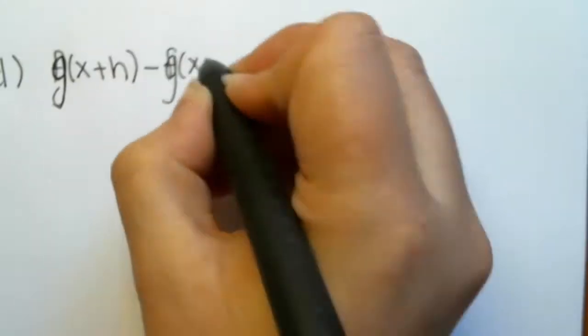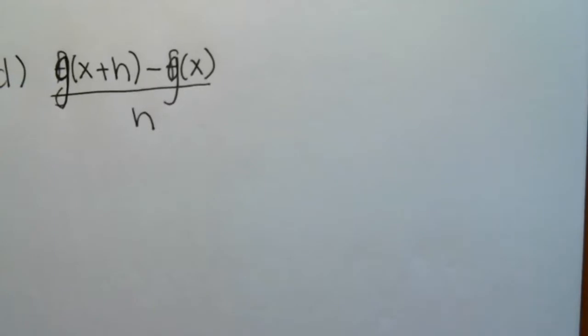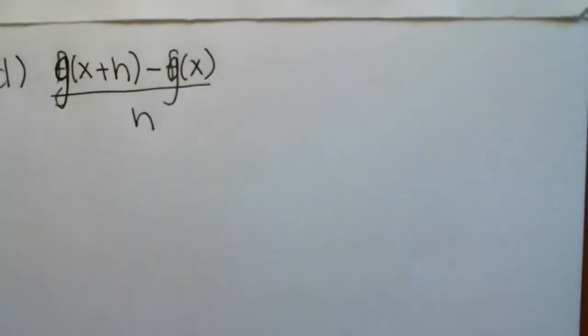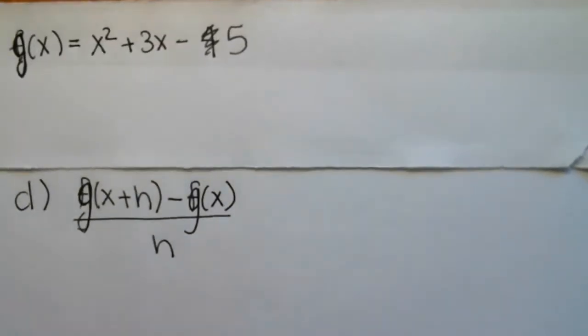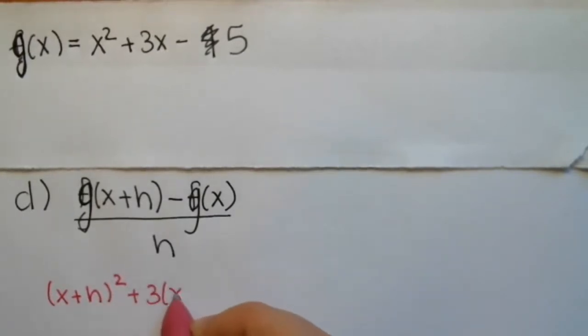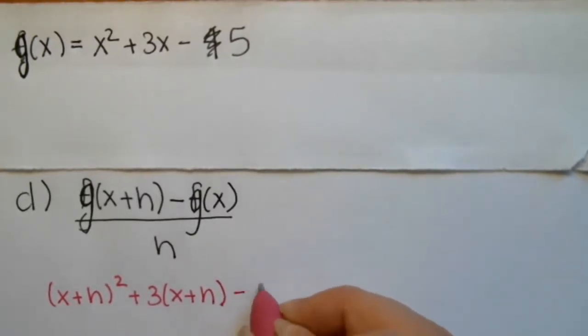g of x plus h minus g of x over h. So again, here's my function g of x. I'm going to plug in x plus h. So I have (x plus h) squared plus 3 times (x plus h) minus 5.